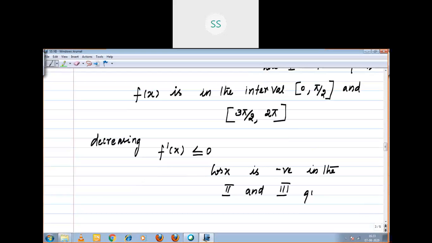Therefore, f of x is decreasing in the interval pi by 2, 3 pi by 2. Right, children? Increasing means greater than or equal to 0, so in these two intervals the function is greater than or equal to 0. Decreasing means in this interval, less than or equal to 0.